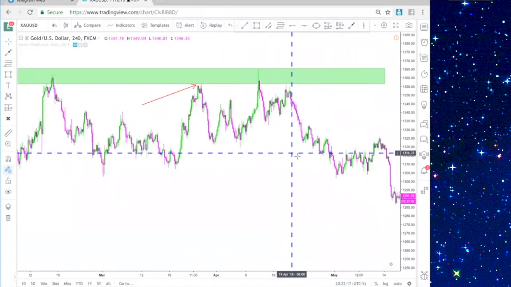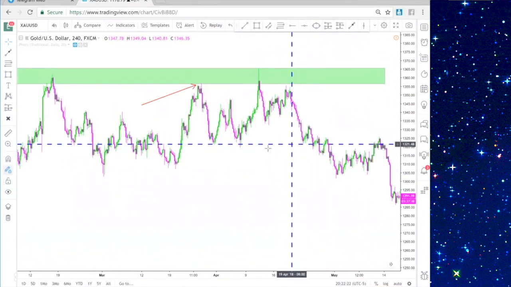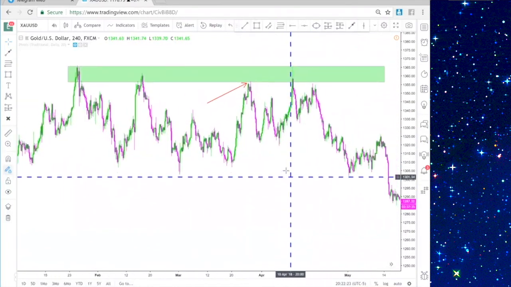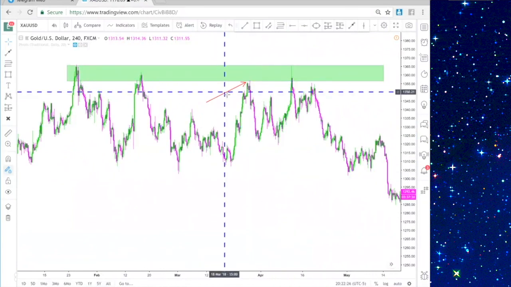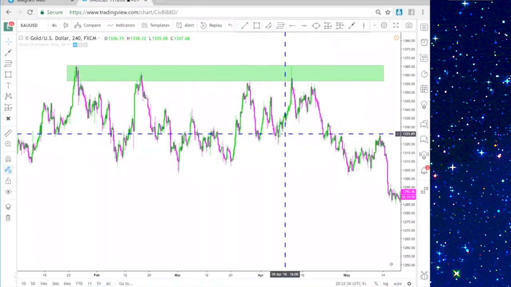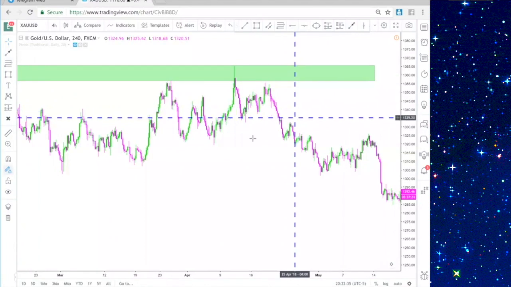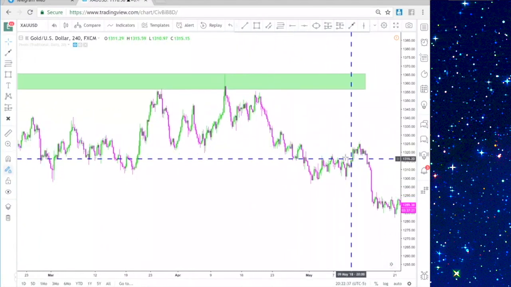So when it comes to market reversal, there's a lot of things that you have to look at. You have to look at what price is doing. In this area, this is our resistance. Price keeps falling from this area. But we need extra confluence.